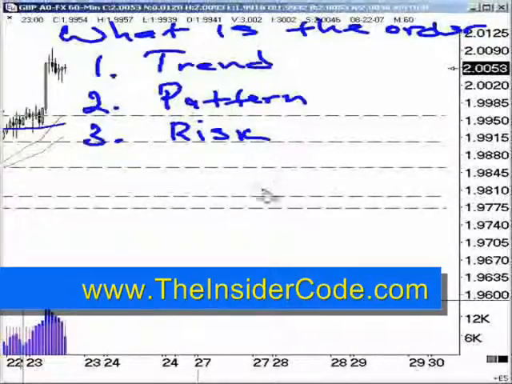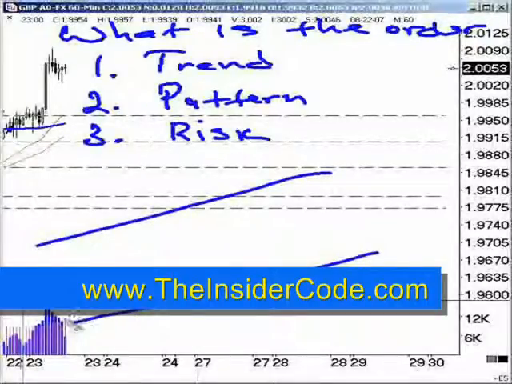So let's talk about this. When a trader's looking at a setup, let's say we were looking at this market right here, and we're thinking, okay, the market's pushed up, it looks like short term, the trend is up. I can't bring in the daily bars, but if you remember, the daily was trading inside of this big trading lane.